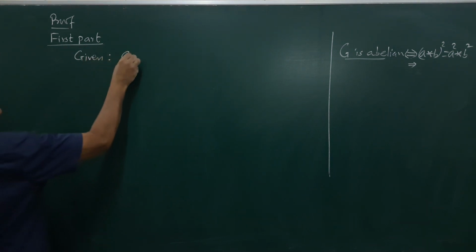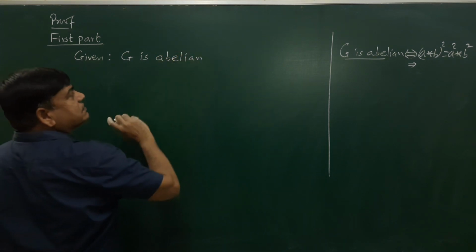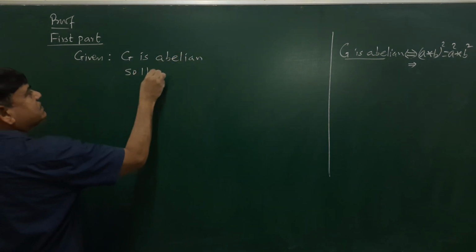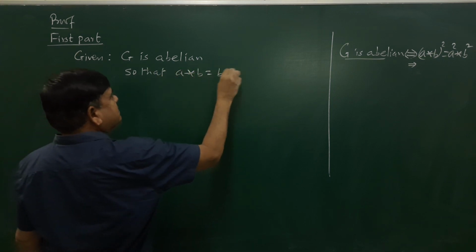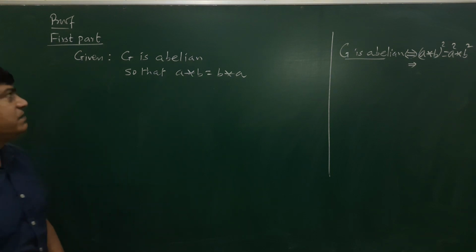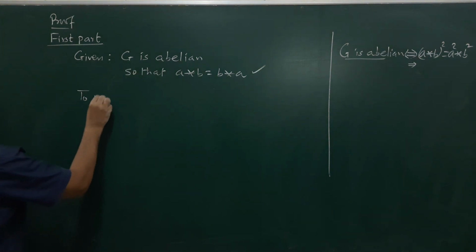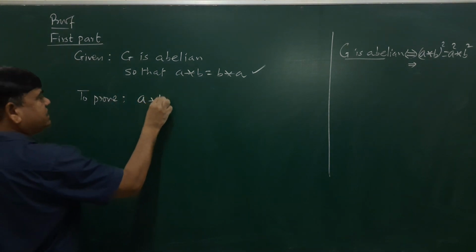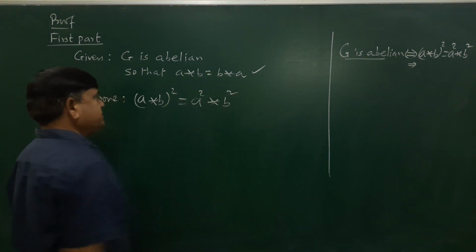What is given? G is abelian, so that a star b equals b star a. This is given to us. To prove: (a star b) whole square equals a square star b square.